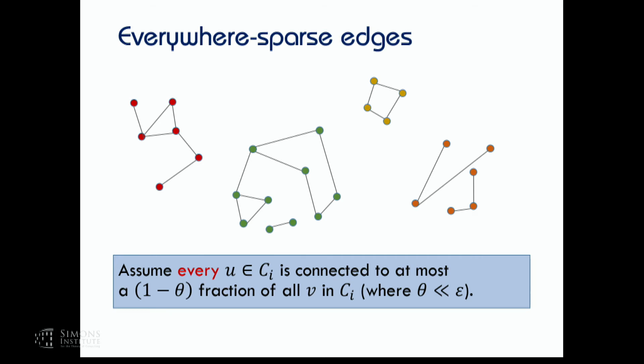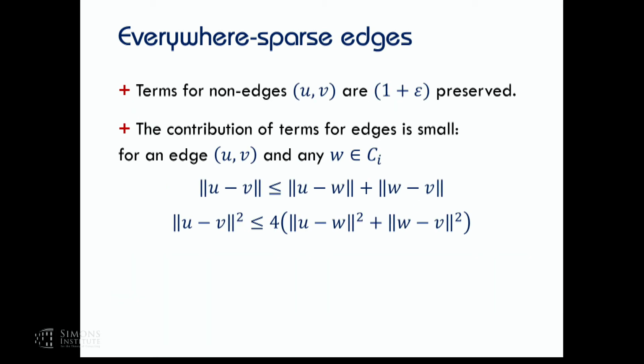Okay. So let's assume that this happens, and now we are going to bound all terms u minus v squared. Again, we don't have any issue with non-edges. So for every non-edge, the term is approximately preserved. We are going to show that the contribution of terms for edges is small, and therefore we can essentially ignore it. So let's consider an edge uv such that u and v belong to Ci, and let's take an arbitrary point w in Ci. Then by the triangle inequality, we have this, and by squaring it, we get this inequality.